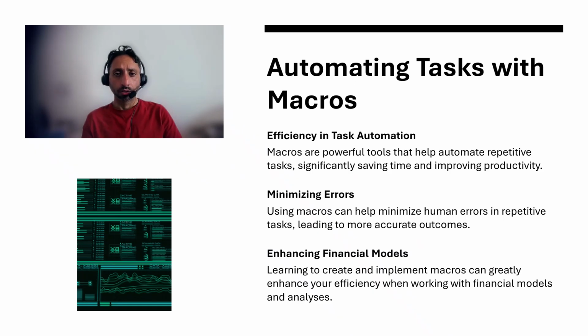The same process you have to do again and again. So with the macros function, you can just use that to perform that repetitive task. And the benefit of that is that it minimizes errors and it leads to higher efficiency in terms of financial modeling.